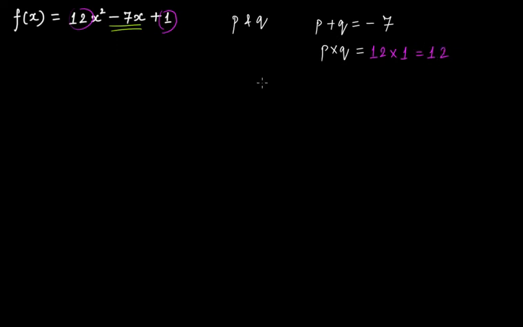Now pay attention to one very important thing: p plus q is equal to minus 7, but p multiplied by q is equal to 12. Addition is negative, multiplication is positive. It means that you have to consider two conditions.